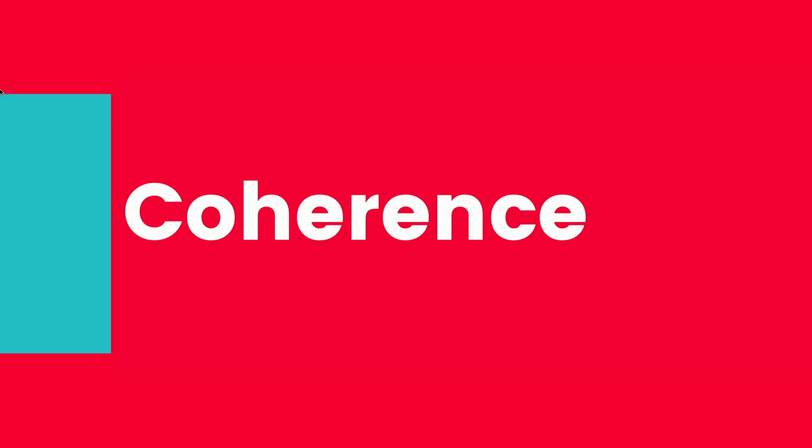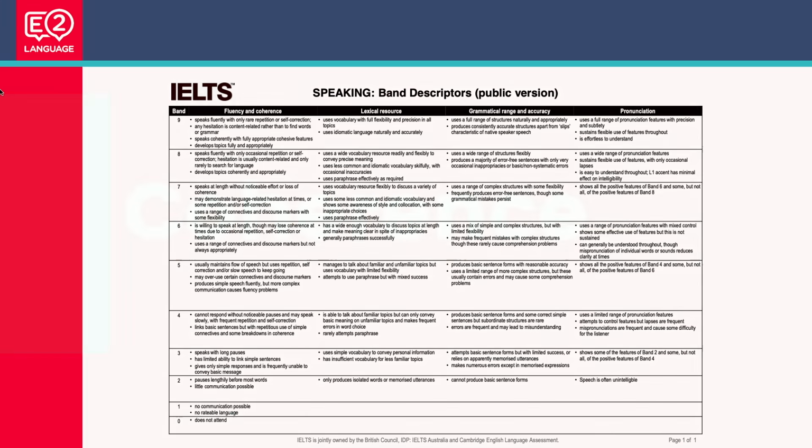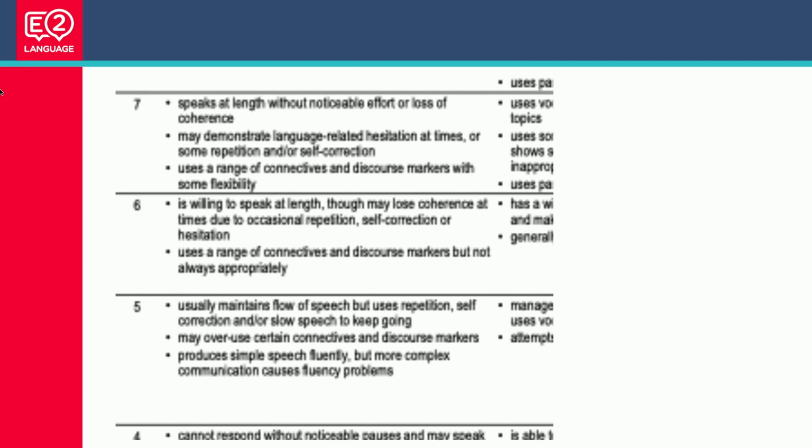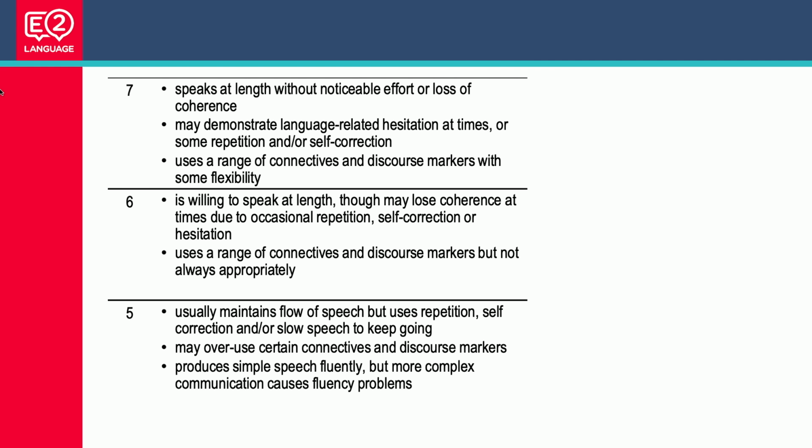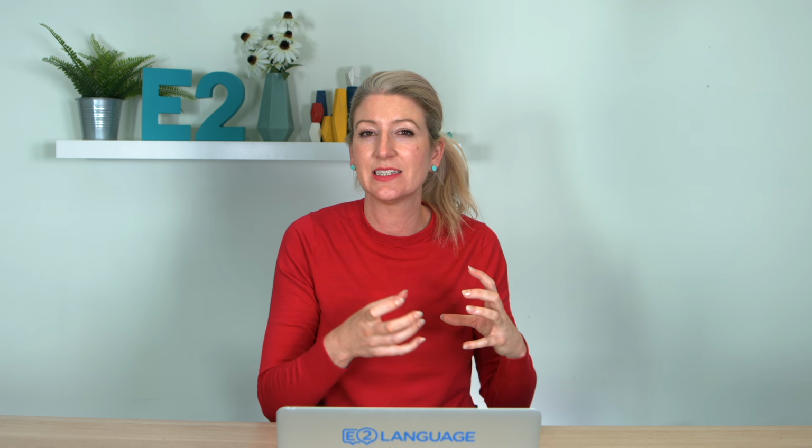So now let's turn our attention to the coherence aspect of this criterion. And again, let's start with band 7, 6, and 5. So we're looking at some different bullet points here. Band 7 uses a range of connectives and discourse markers with some flexibility. So connectives and discourse markers, these are the words or the phrases that sort of stitch your answers and your ideas together.